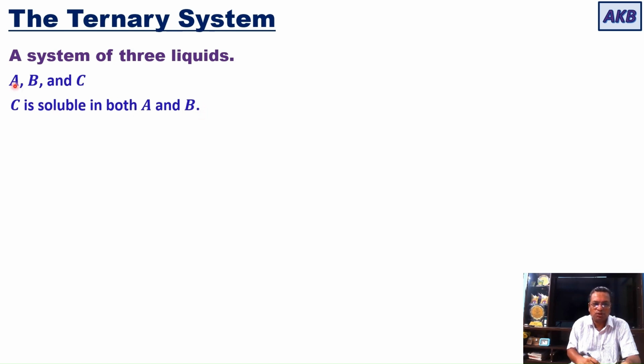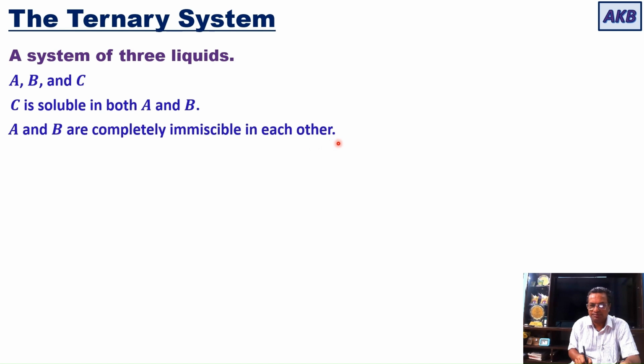A is the carrier solvent and B is the extracting solvent. In this case, A and B are completely immiscible in each other. In my previous discussions, these were considered to be partially miscible. Now we are considering the case where A and B are completely immiscible, and that's why I am calling them insoluble liquids.